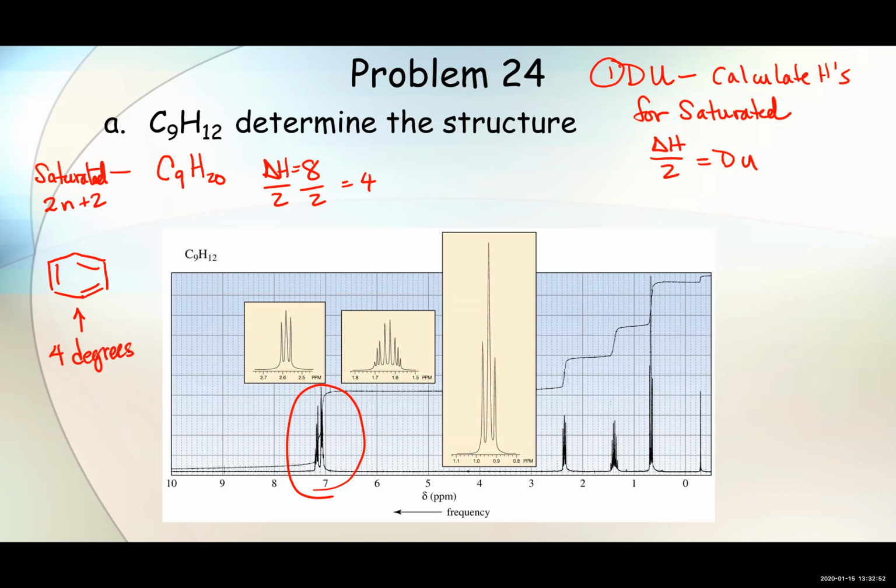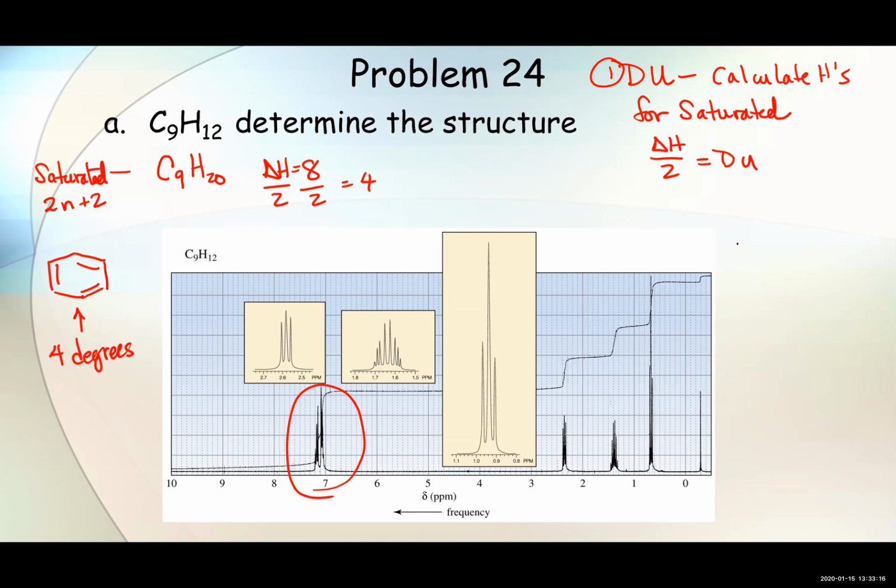So if all 4 degrees of unsaturation are in the ring, then these have to be saturated. Sorry, I said it wrong. Right? Okay, so let's figure this out then.